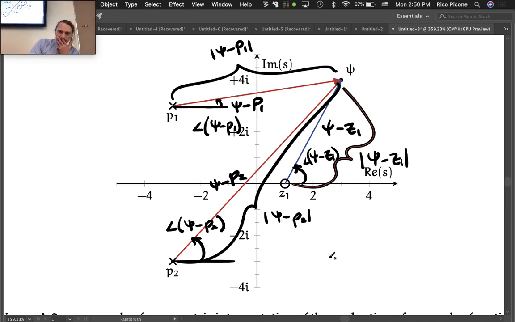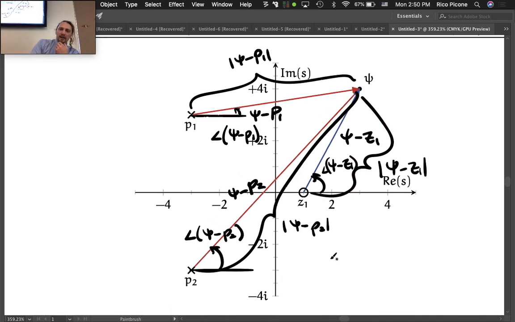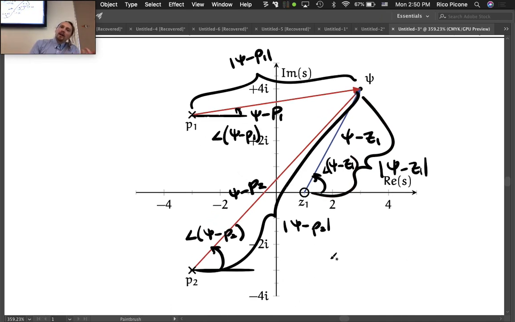So what we've got here are the lengths of these. The length of this one divided by the length of this one and multiplied by this one gives us the magnitude, with K also multiplied there.